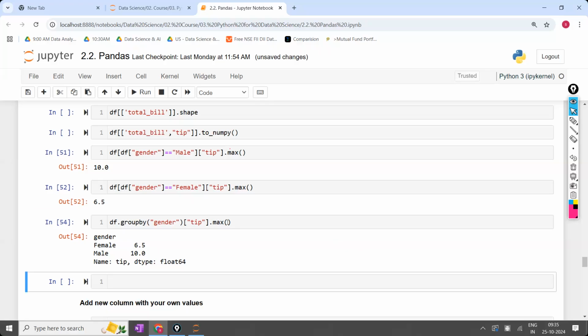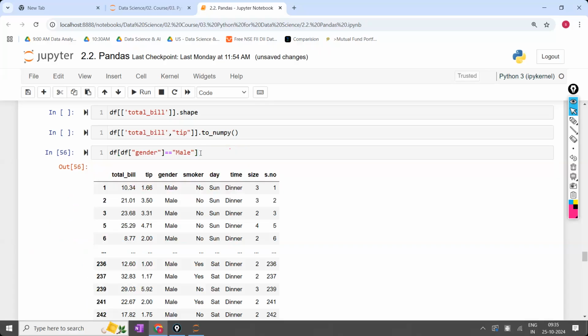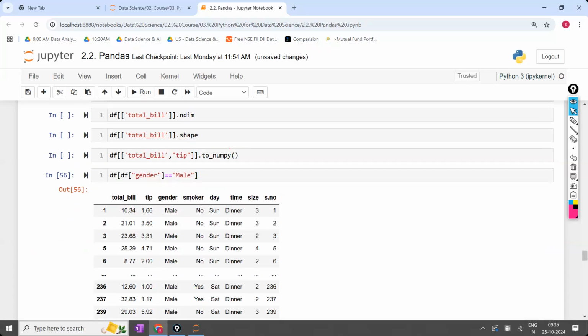No, right? Now, similarly, if you apply df of gender dot value counts. What is the meaning of value counts? Category and their counts. So if I separate the male records, for the male records, if I want to see the total number of records, how do I see it? We just apply dot shape.